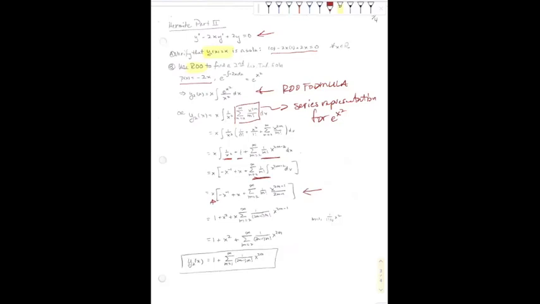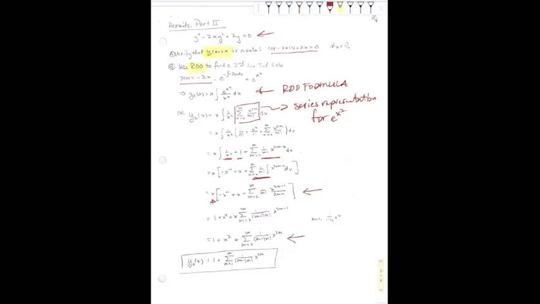So I end up with a 1 plus an x squared, and then I have this x that I need to multiply into that summation. That's a legal move as well, as long as that series is convergent. And so once I put it all together, what I come up with is something that looks like this.